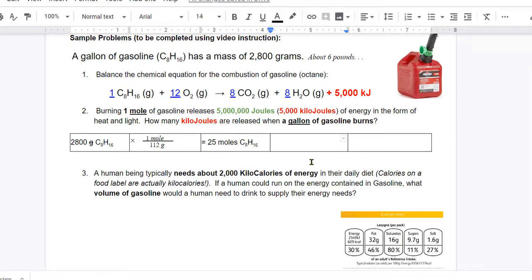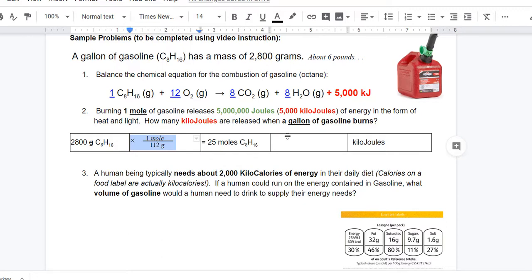So here we have the moles, but we're looking to find how many kilojoules are released when these moles of gasoline are burned. So I know I want to get to kilojoules here as a final answer. I can copy this conversion factor. I'm hoping that you will learn how to be more independent.